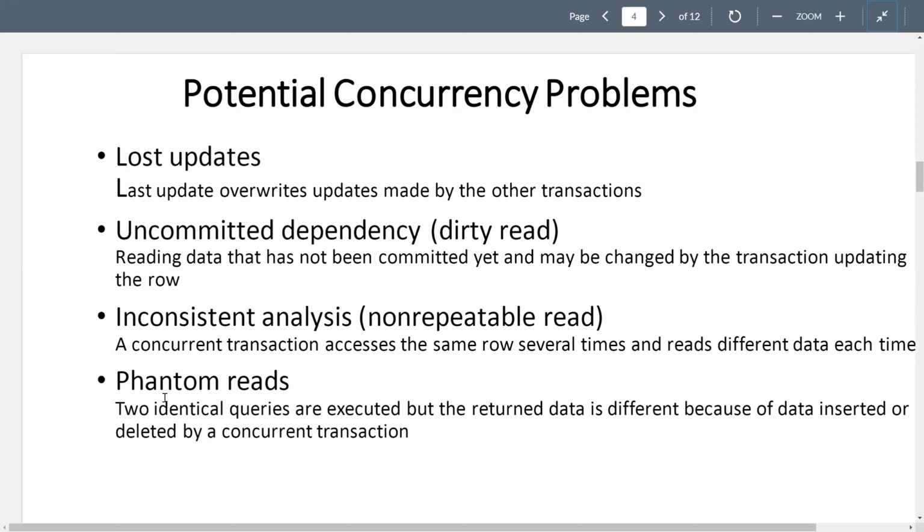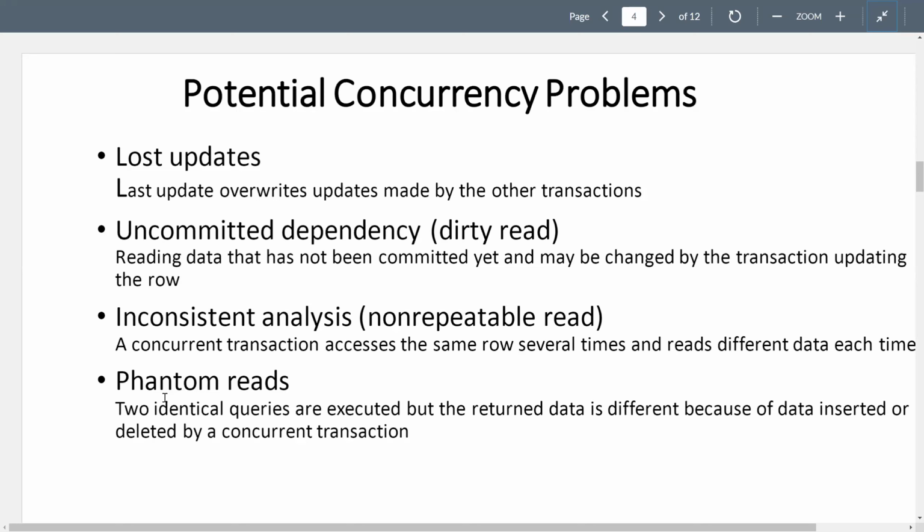Okay, and then the last one, phantom reads. Phantom reads usually are caused by inserts and deletes. If we do not isolate a transaction, we let other concurrent transactions see the intermediate state of a transaction, meaning before the transaction is complete, we let other transactions see the intermediate results of that transaction.